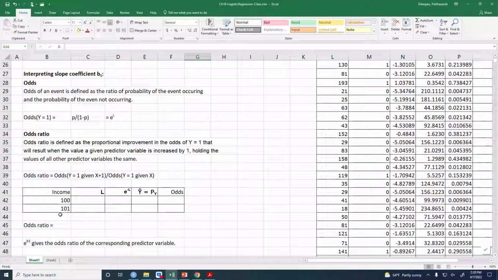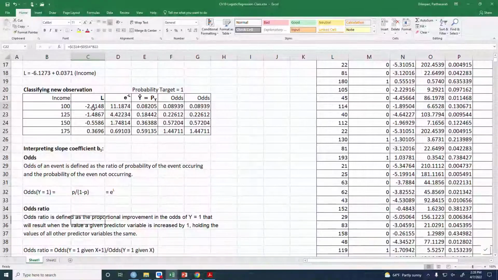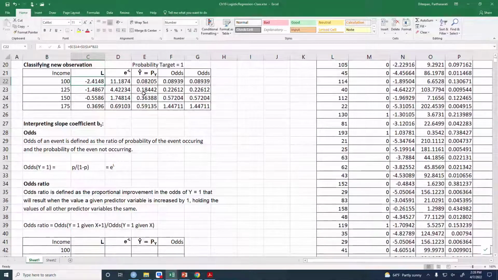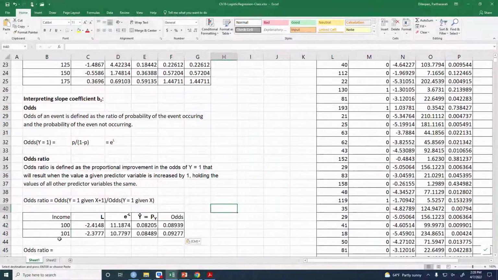So you compute odds. You can copy paste all of that here. So for income of 100, odds of 1 is this. If income goes up by 1, odds is this.